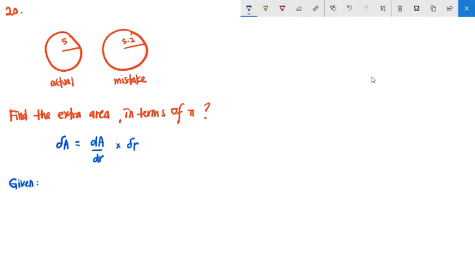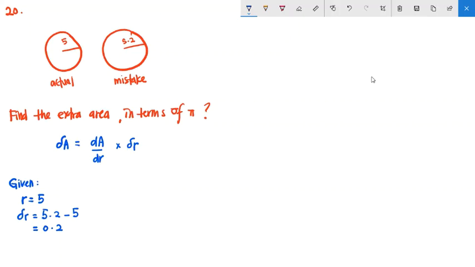Okay, given r, the actual r is 5 cm. Mistakes happen, terlebih dia potong tu terbesar pula. Okay, mistakes dia buat, make sure 5.2 minus 5. Okay, yang final minus dengan yang initial punya. So dapatlah 0.2.